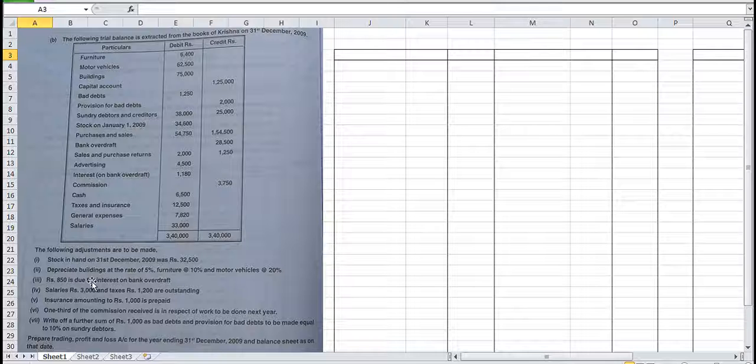The following adjustments are given below. Stock in hand, meaning closing stock on 31st December, was 32,500.